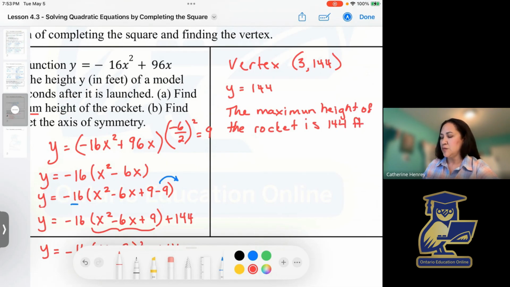The axis of symmetry, x equals 3, is the time it takes the rocket to reach that height.